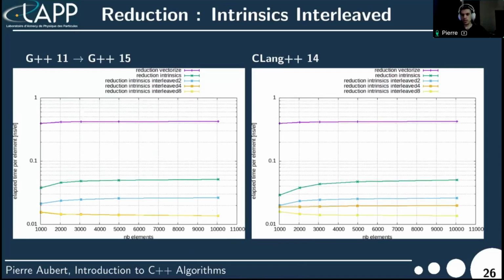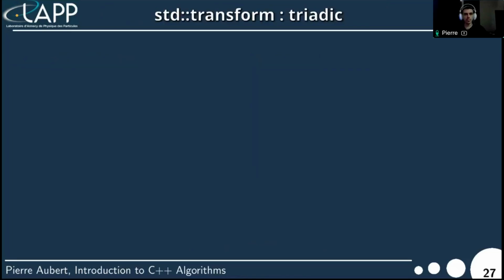And finally, if I interleave 8 times, I get the best performance for Clang and the same performance as with 4 accumulators for G++, because G++ was a bit smarter on this topic. So that's for reduction optimization.